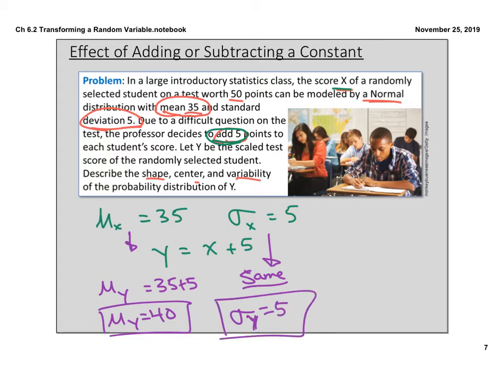The other thing we need to talk about is the shape. You were told that this is a normal distribution. So the new data set, the probability distribution of Y, is also going to be a normal distribution.